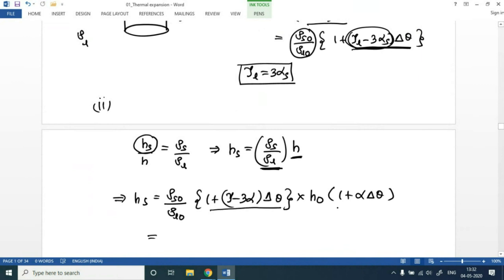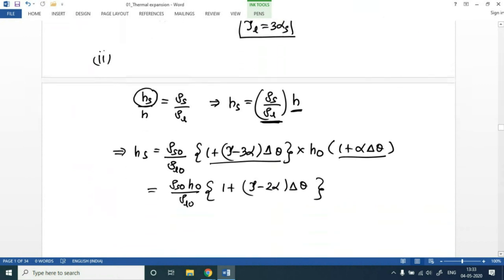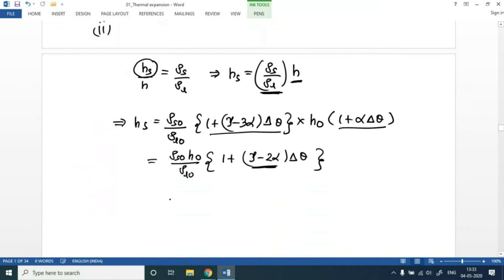Combining these terms, we get rho S naught into H naught upon rho L naught into 1 plus gamma minus 2 alpha into delta theta. For this quantity to not change, this term has to be equal to 0, meaning gamma L will be equal to 2 alpha S. This is the answer for the second part.